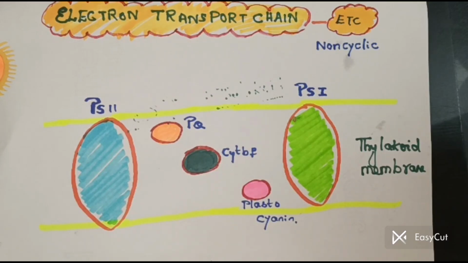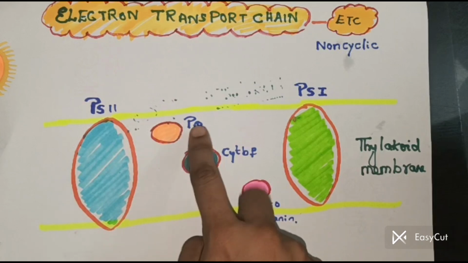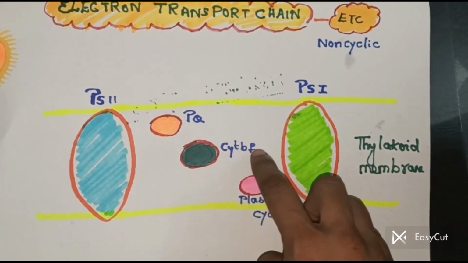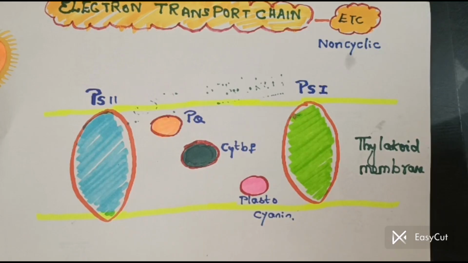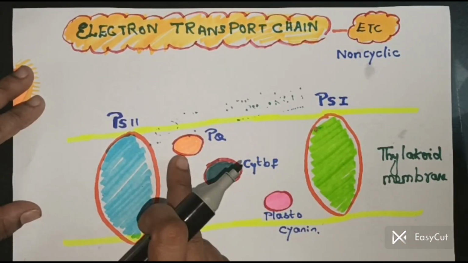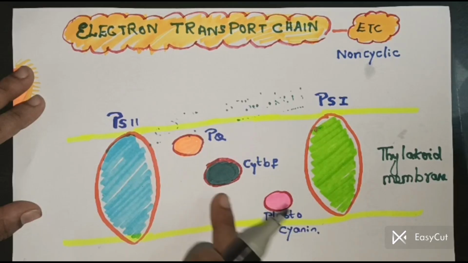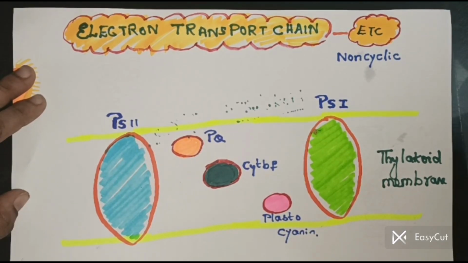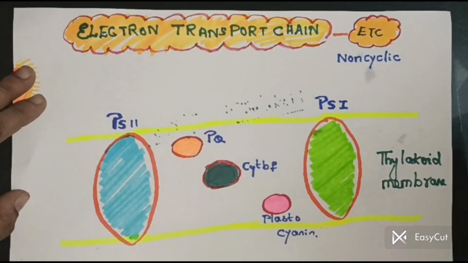I repeat, between the PS2 and PS1 there is presence of plastoquinone, cytochrome BF complex. I just wanted to tell you three very important things. This is an electron carrier, this is an electron carrier. How many electron carriers are there? Plastoquinone, cytochrome BF complex and plastocyanin.